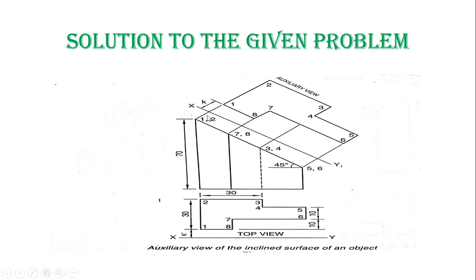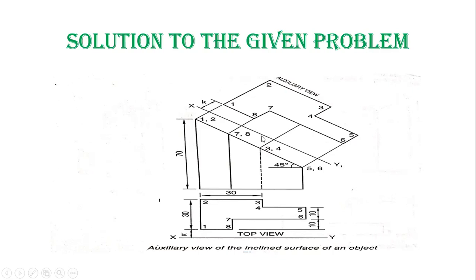Here, each corner is projected on the auxiliary plane. We have to keep in mind while drawing that all projection lines are parallel to each other and perpendicular to the auxiliary plane.